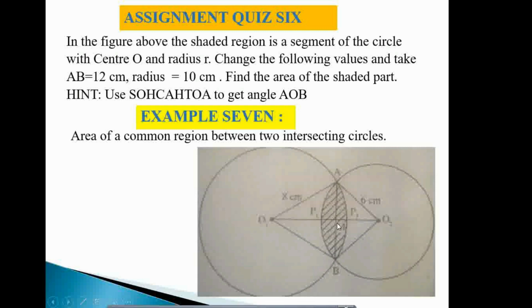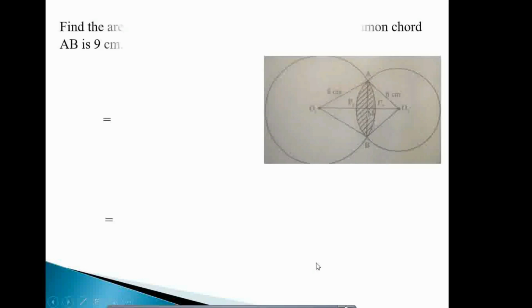I want us to look at how we can get the area of the shaded region. Now find the area of the intersecting circle above if the common chord AB is 9 centimeters. The common chord AB is common to this circle and also to this other one. So it is 9 centimeters.